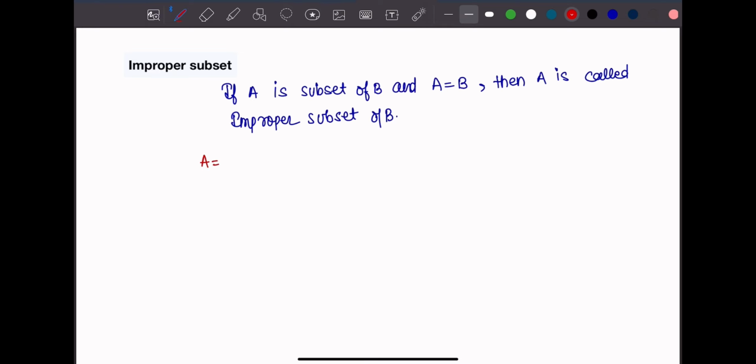Suppose let A be a set, in that we have elements 1 and 2. If I'm going to write subsets, I'll get phi, {1}, {2} and {1, 2}. So this one is our improper subset, where A is also equal to B, that is, the set itself is included.